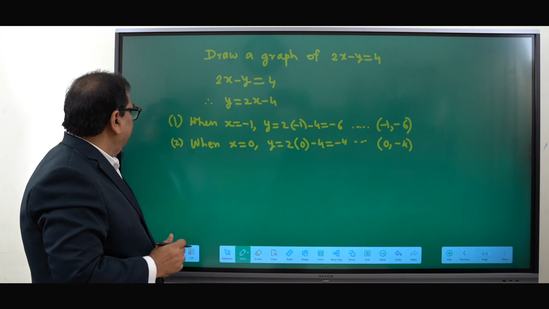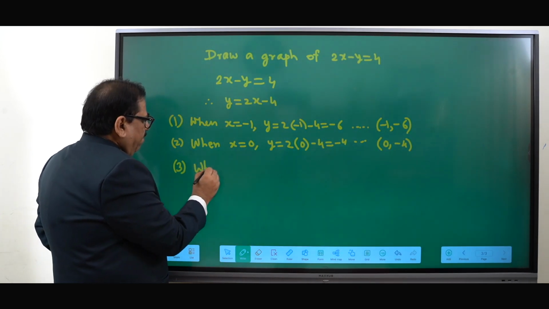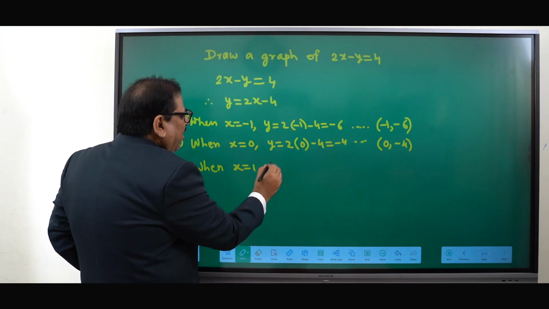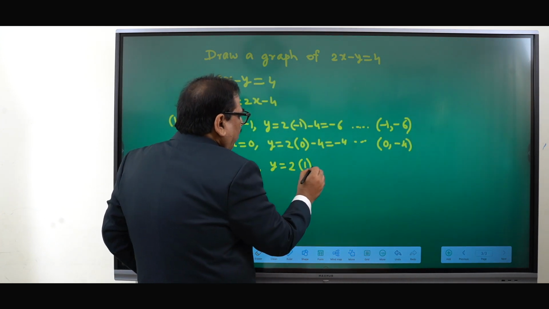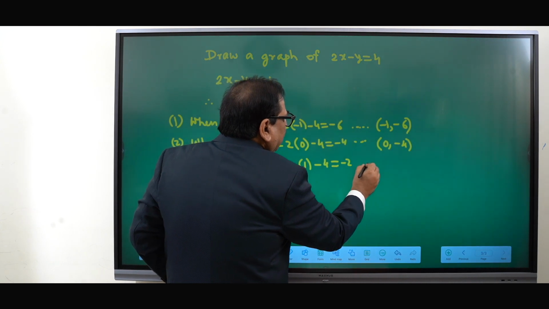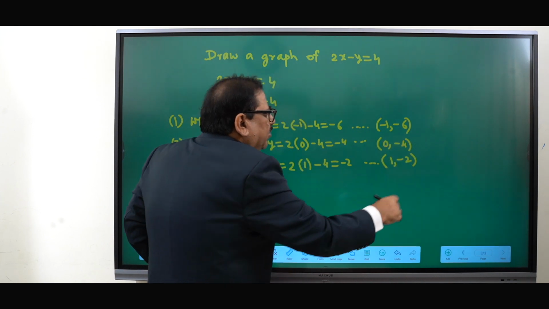You can cross check. Third, when x is equal to 1, y will become 2 into 1 minus 4, which is equal to minus 2. Therefore, (1, minus 2) is the other point on that.